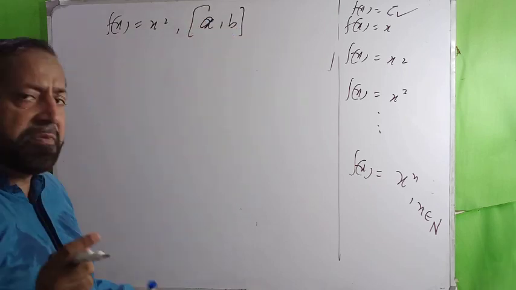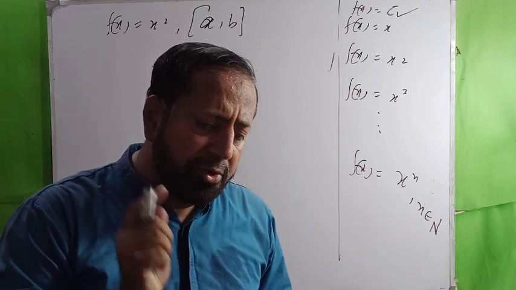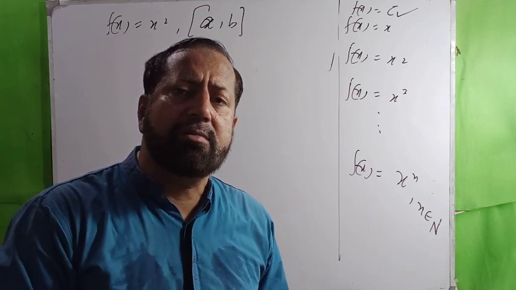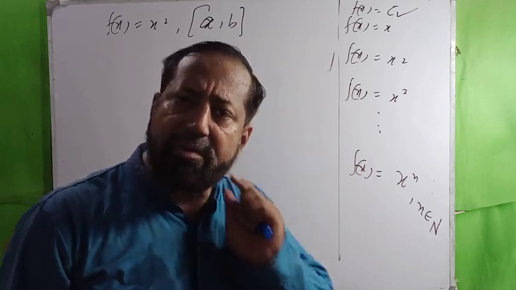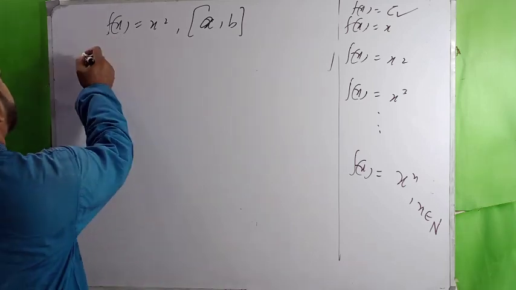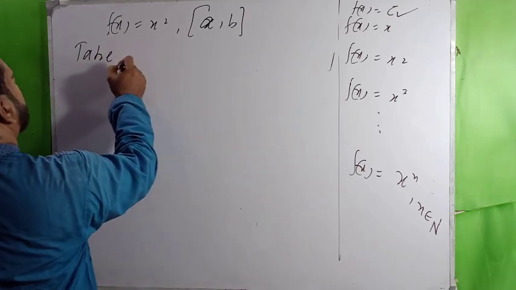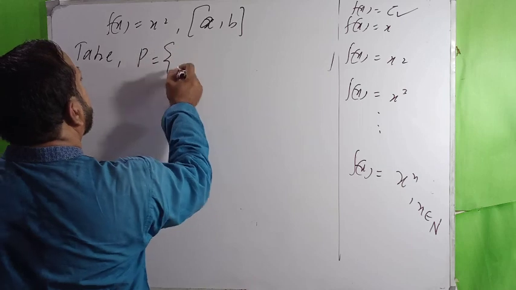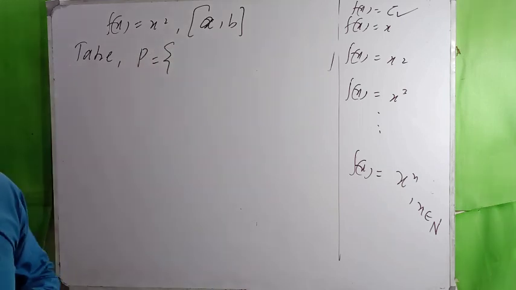Again, you need to find the supremum corresponding to every subinterval and the infimum corresponding to every subinterval. So take a partition P, you can choose any partition P of [a, b].